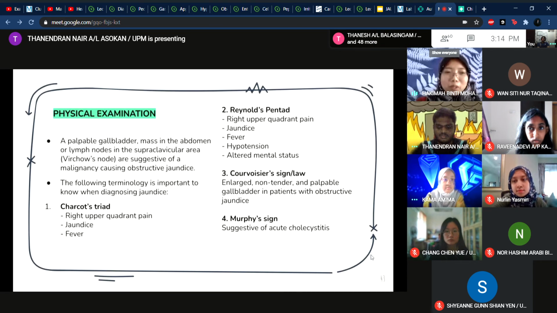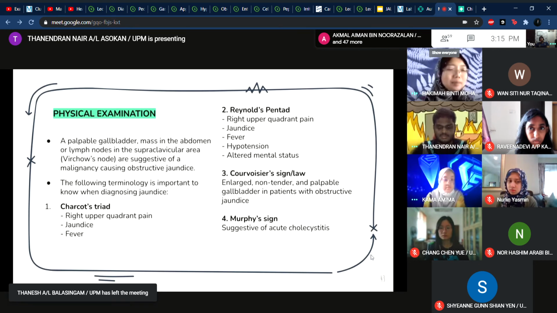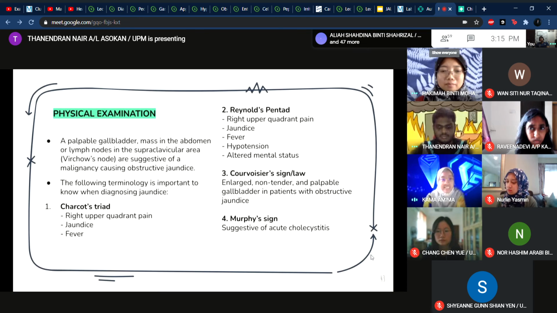Okay. So what do you do if you got this physical examination? What is the summary of this slide? You take the history and you get the physical examination. So what is the summary after you read the second slide? Physical examination, what does it show you?